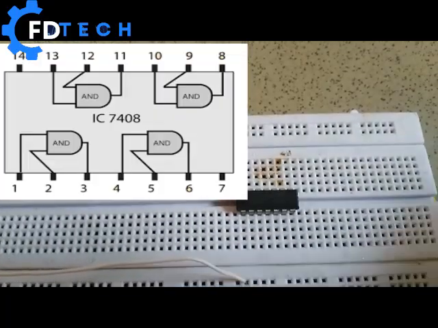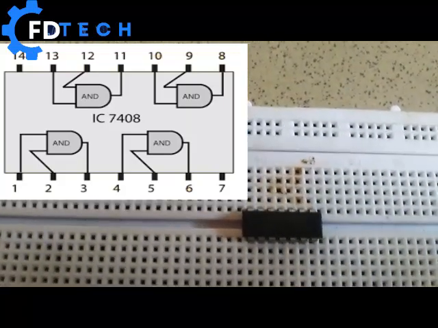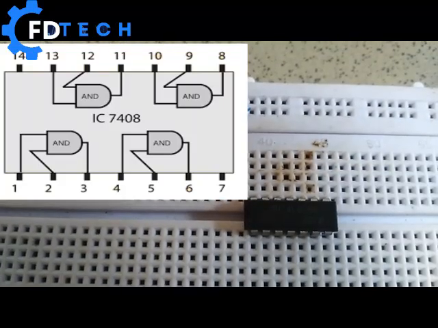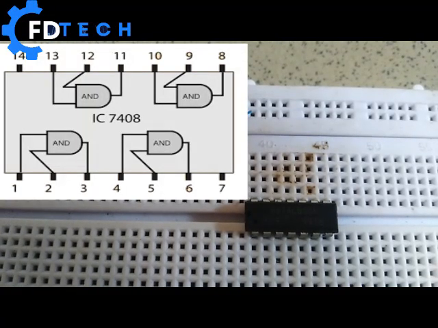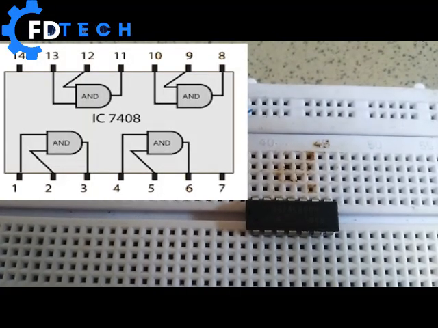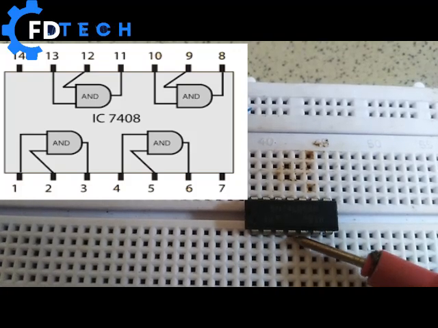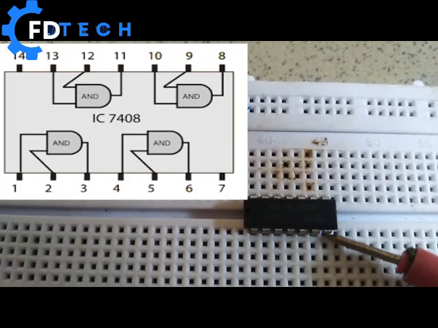Now if you look very closely, you see that there is a black dot over here, this area. That black dot signifies the beginning of the pin. So you have here pin 1, pin 2, pin 3, pin 4, pin 5, pin 6 and pin 7.